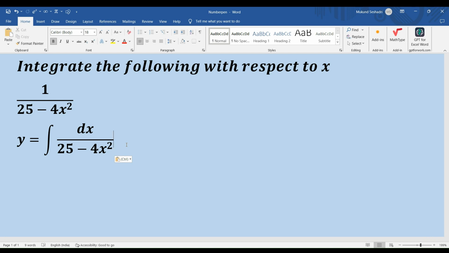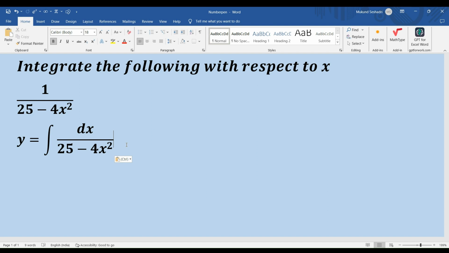So I know that my y is not in a very simple format whose antiderivatives I know from first principles. But can I solve this by resolving this particular expression 1 by 25 minus 4x square into partial fractions?